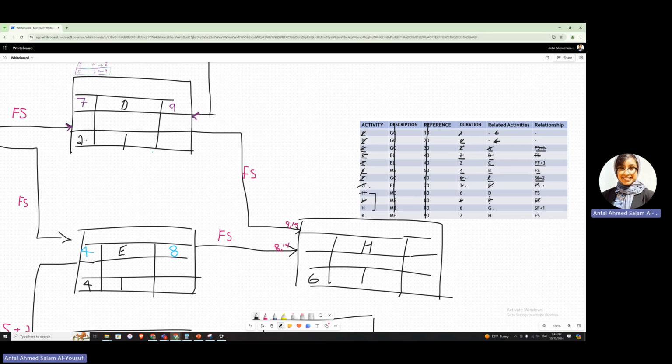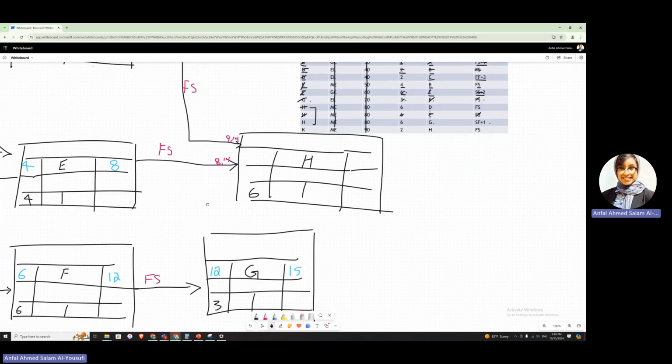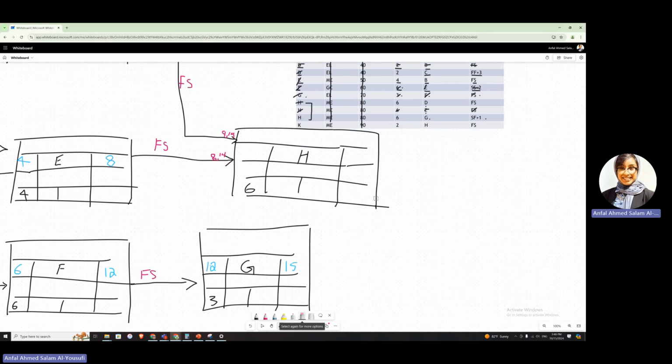Let's do the last one, which is coming from G, and it is start, finish plus 1. Where is our G? Our G is at the bottom in here, and the relationship is start, finish plus 1. So I would start G, I would finish H plus 1. So in this case, I need to start this, wait a day, and then start the other, meaning I am going to finish this in day number 13.